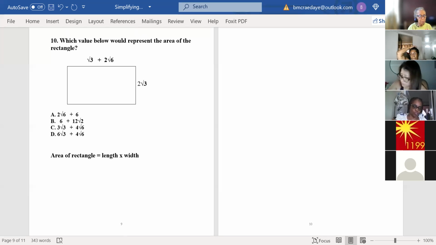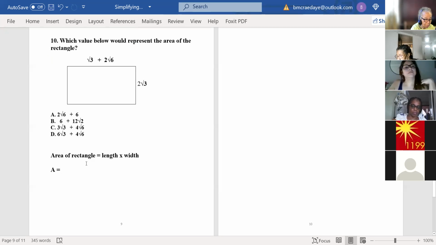So now what I want you to do, I want you to find the area of this rectangle, and you're given your dimensions as radicals. So you're going to multiply the length times the width. So what this will look like, let's just put A equals. Now let's just put the length. Take this number and put the length here.